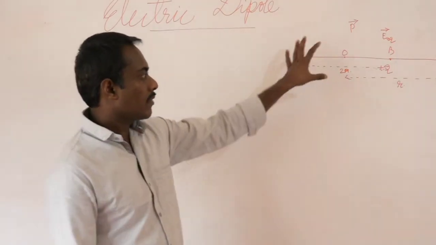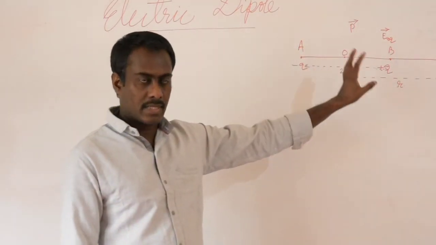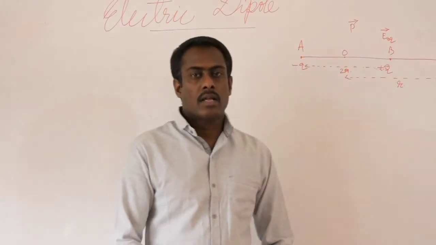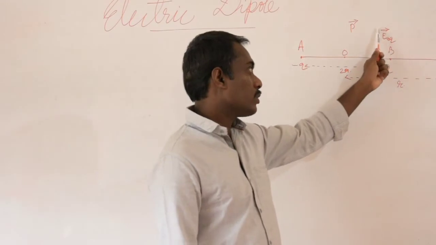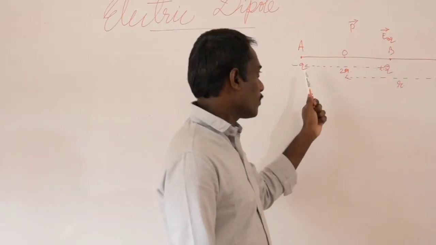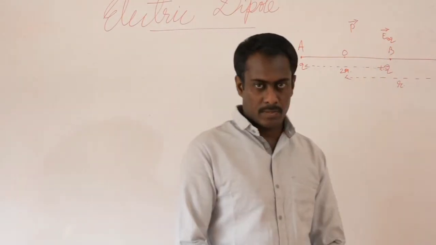So we have an electric dipole with an electric dipole moment, and now we are going to calculate the magnitude of the electric field produced by the negative charge and the positive charge.